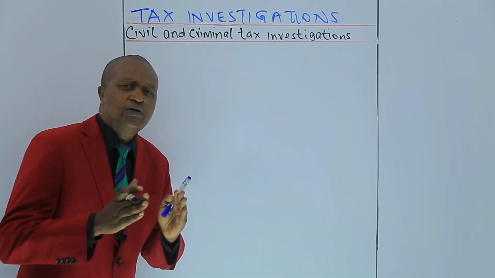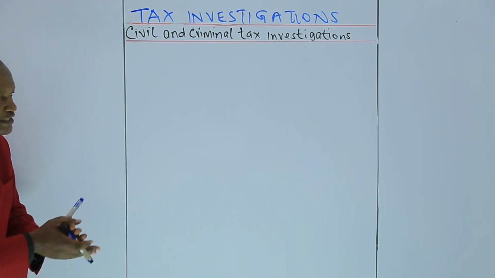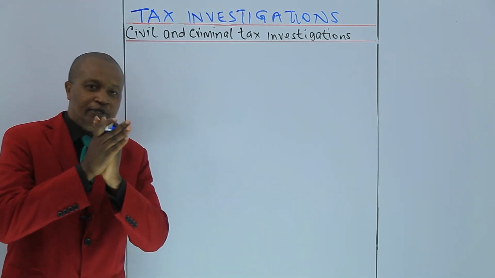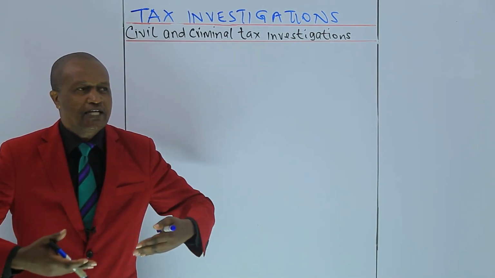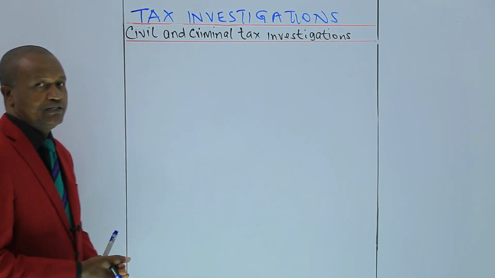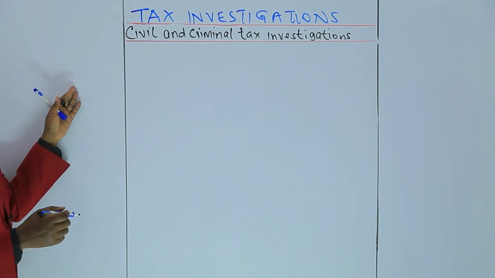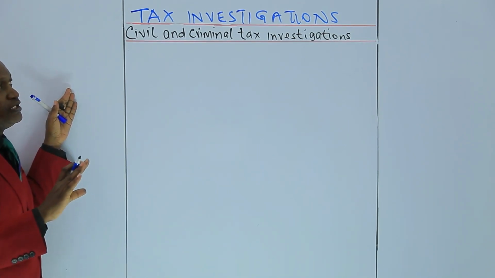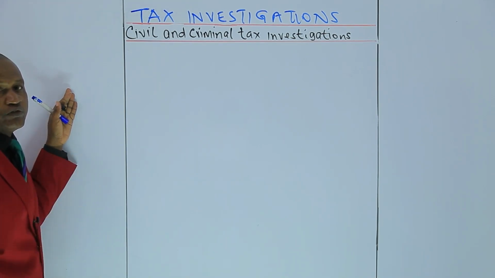So civil tax investigations are conducted, I repeat, to determine whether a taxpayer has correctly reported their tax liability. When the Kenya Revenue Authority carries out civil tax investigations, it primarily focuses on assessing the accuracy of tax returns.